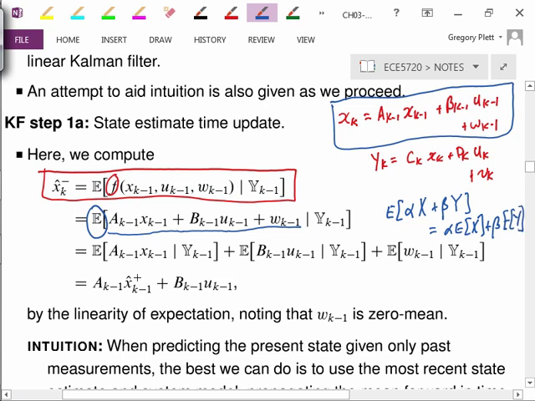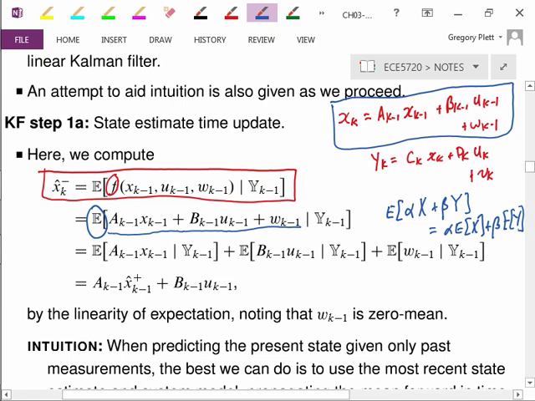It obeys the superposition principle, so I can break up the expectation of a sum to be the sum of the expectations, and the expected value of a constant times a random variable is equal to the constant times the expected value of that random variable by the linearity. We take advantage of this in a couple of steps here.